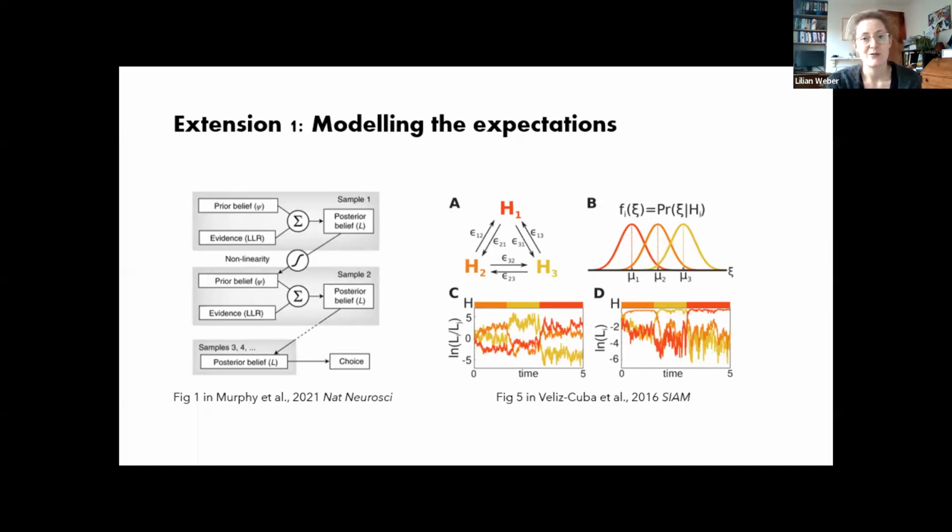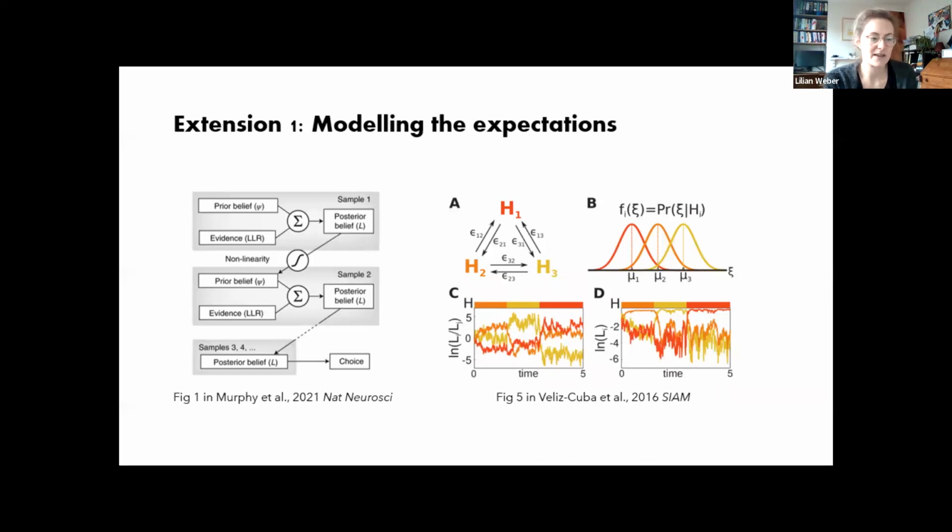But in fact, there are now ways of modeling this directly in the evidence integration model, because obviously the DDM also derives from Bayesian belief updating equations. So we can put in these expectations about the rate of change in the environment, and people have done that. And it turns out that this does exactly what we would expect. So it changes the leak parameter.